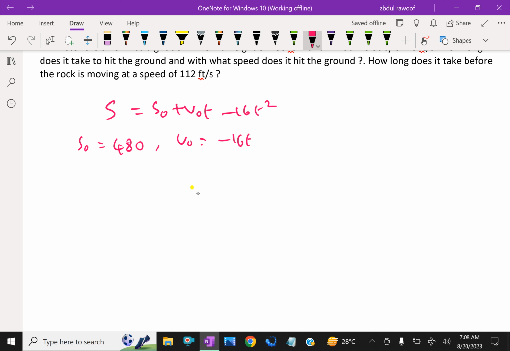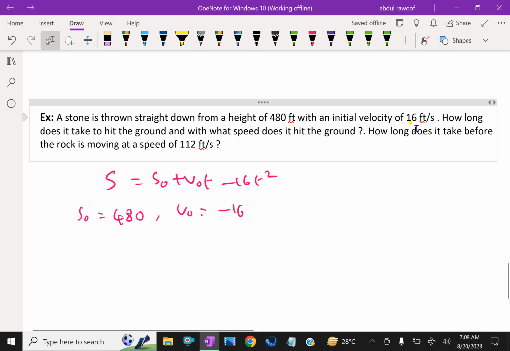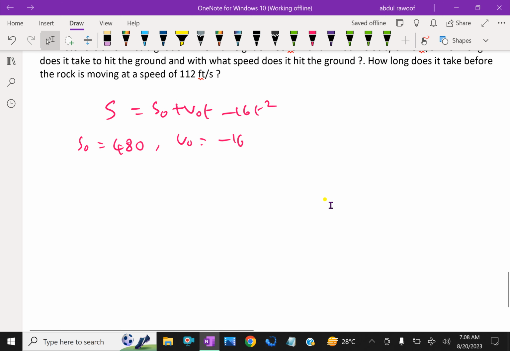V0, my initial velocity, is minus 16 because it's downward.